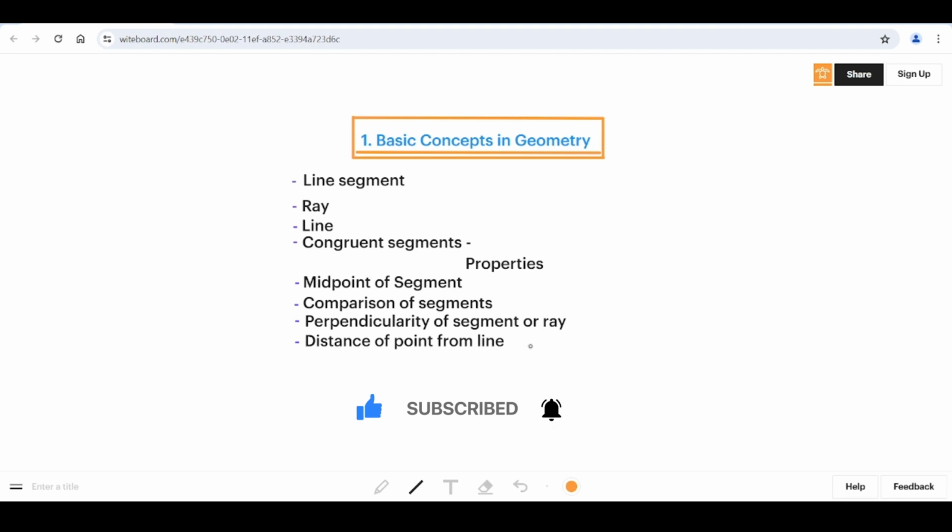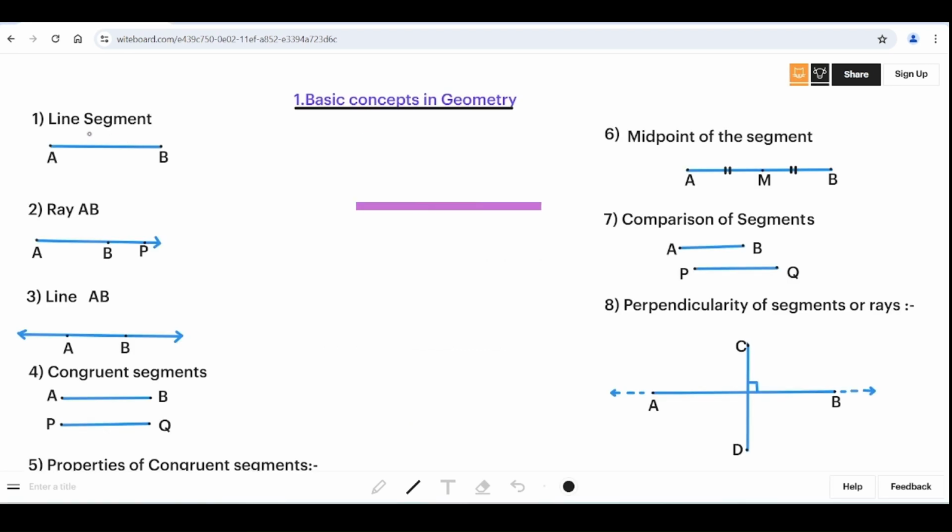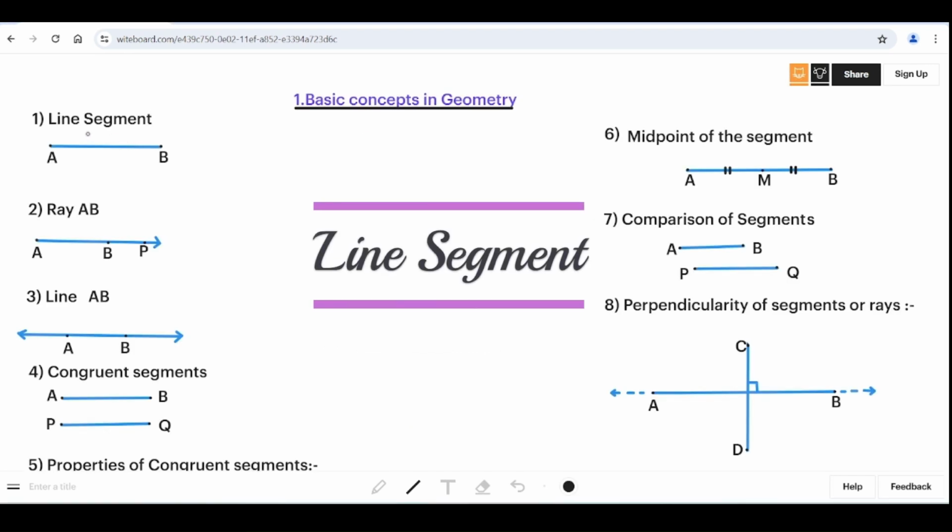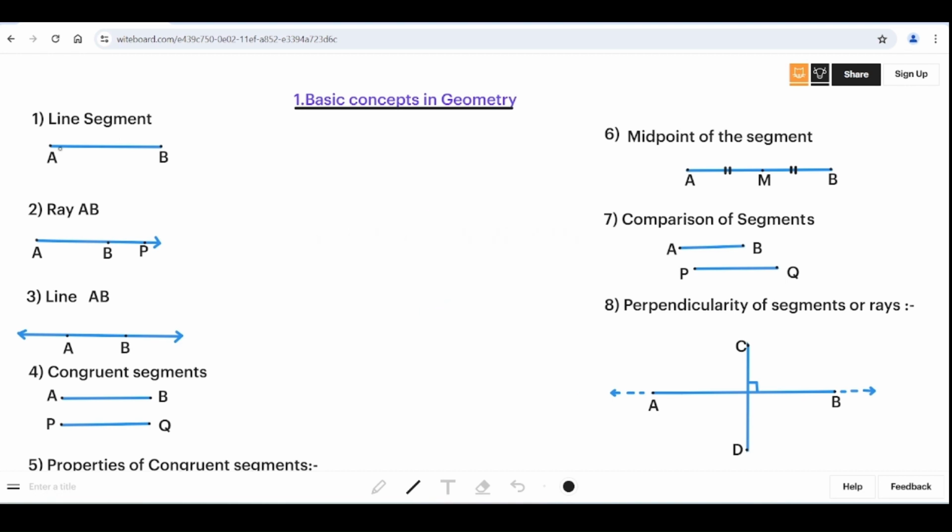So let's start. First consider line segment. Now what is a line segment? Let us consider the 2 points A and B. The union set of the points A and B and all the points between both of them, altogether, is called a segment.